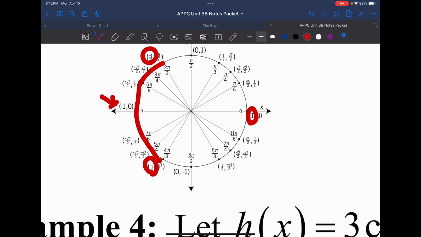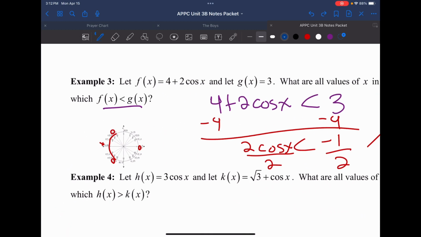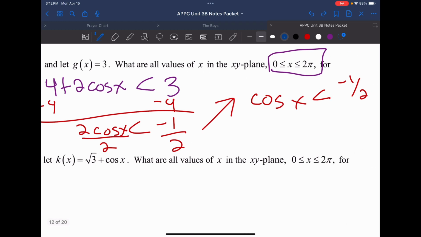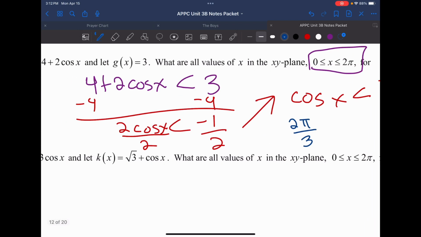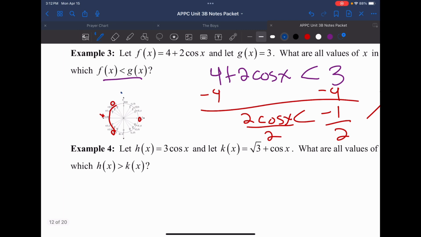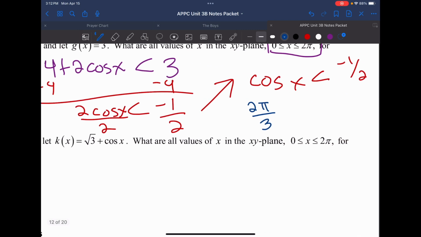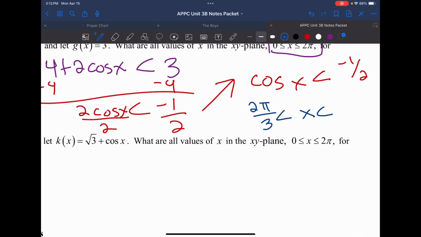And if I was trying to do it the blue way here, no, because 1 is not less than -1/2. So I would say it's between 2 pi over 3 and, because in my original expression there is no equal sign, I don't put an equal sign here. So it's between 2 pi over 3 and 4 pi over 3.